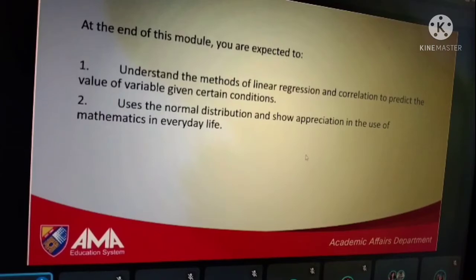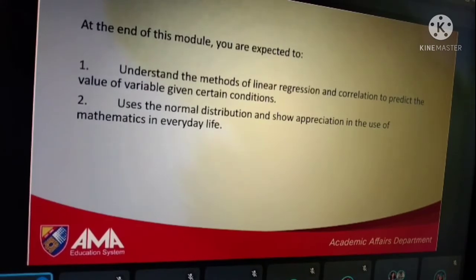Hindi nyo naman agad-agad makukuha ang standard deviation and variance at saka yung mga percentile and quartile unless kayo ay makagawa na ng frequency distribution table at mailagay nyo na lahat ng hinihinging data or information with the frequency distribution table.